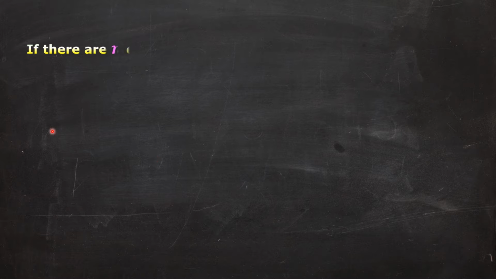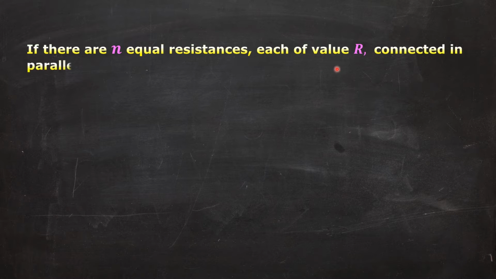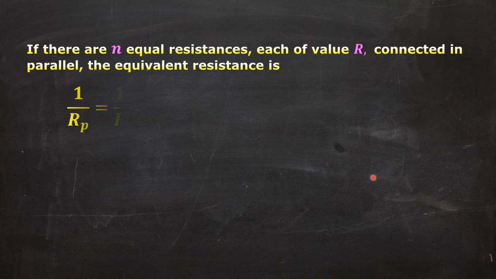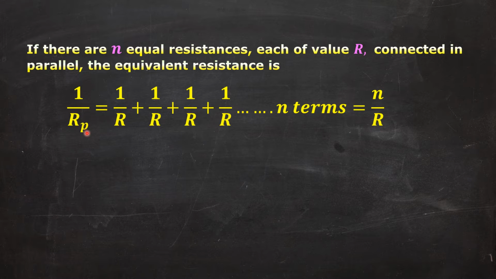Now see here. If there are n equal resistances, each of value R, connected in parallel, the equivalent resistance is 1 by Rp equal to 1 by R plus 1 by R plus 1 by R, like this up to n terms, we get n by R. So 1 by Rp is equal to n by R. If you take cross multiplication and simplify, we get Rp is equal to R by n.